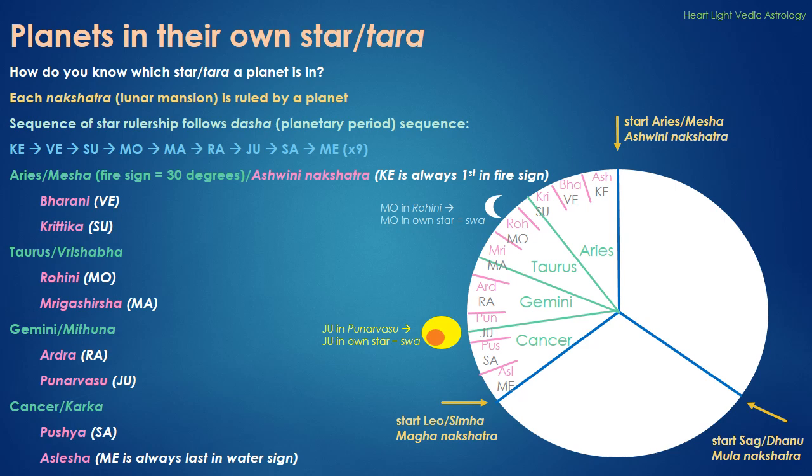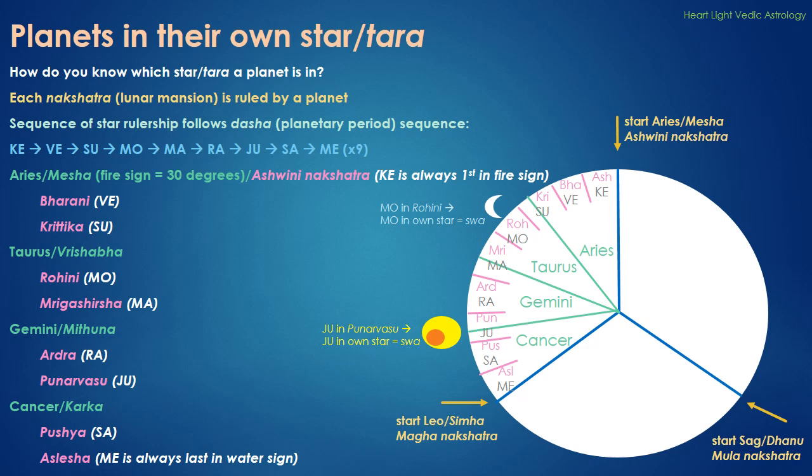Okay. So now again, if you get, for example, the Moon in Rohini, you will have a Swagraha because the Moon is in its own star, because Rohini is ruled by the Moon. Or similarly, let's say you have Jupiter in Punarvasu.